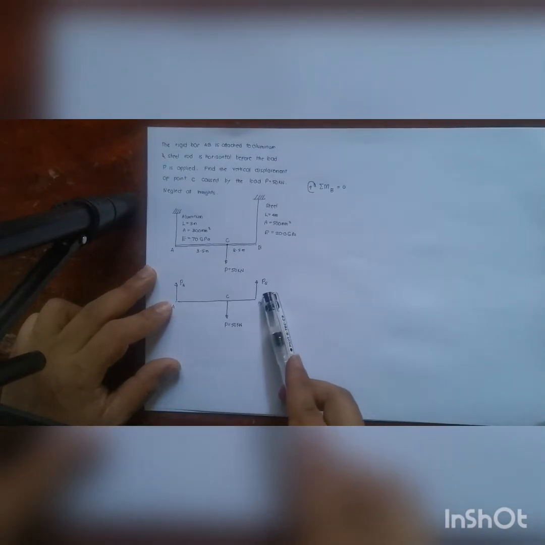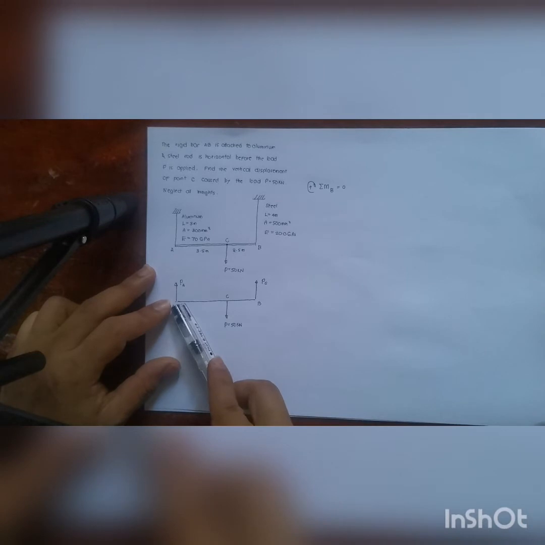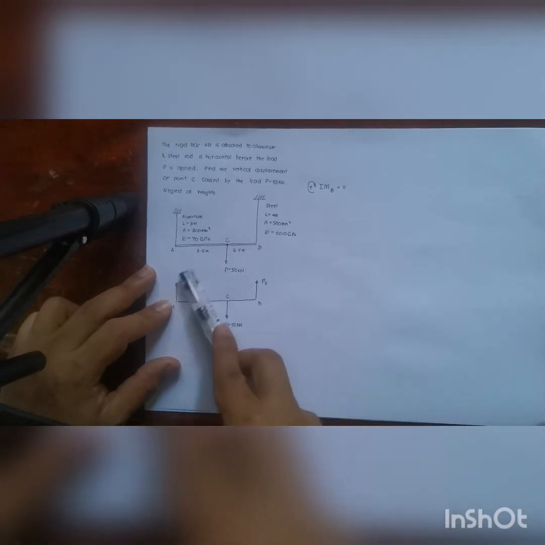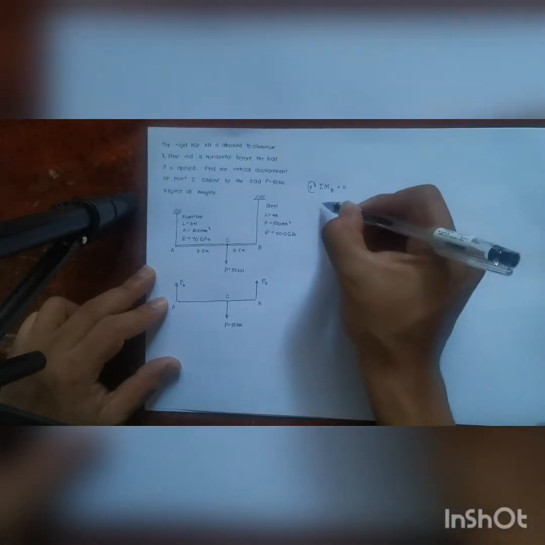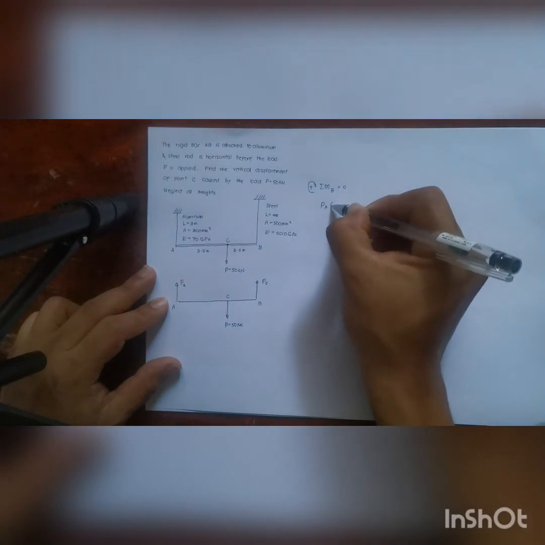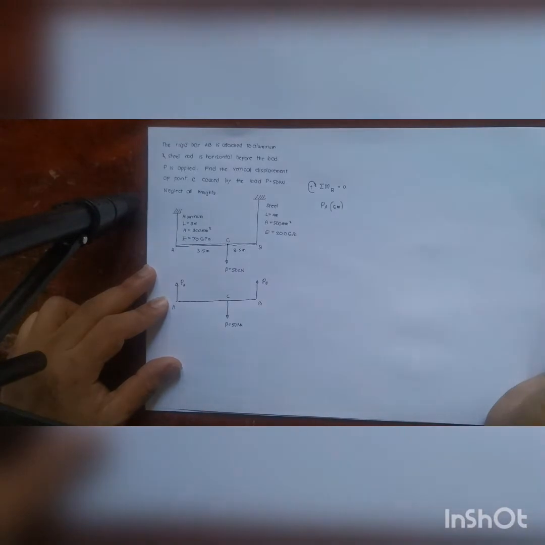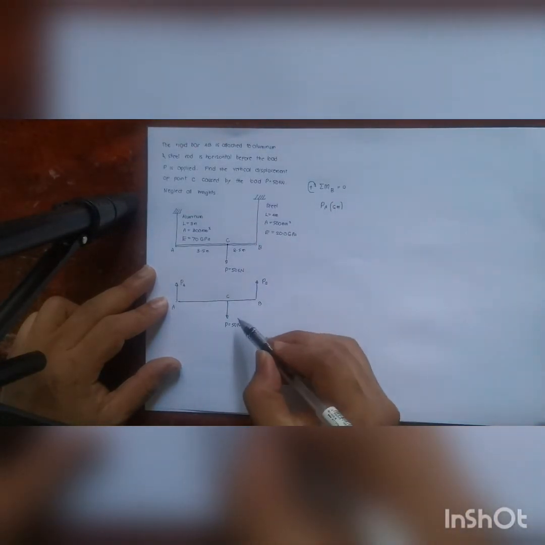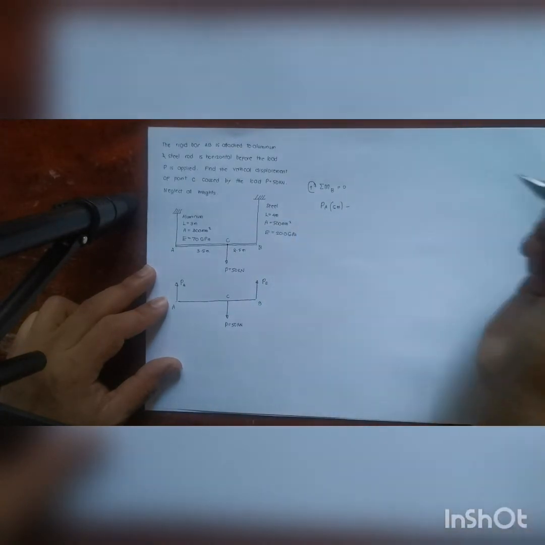Pag moment natin to, kay point B, wala nang moment since nandun siya kay point of moment natin. Yung force kay aluminum, pag i-moment natin kay point B, yung galaw po natin is clockwise, therefore that is a positive moment. So, load in aluminum multiplied by a distance of 6 meters. And then, moment natin yung load P papunta kay point B, counterclockwise, negative moment.